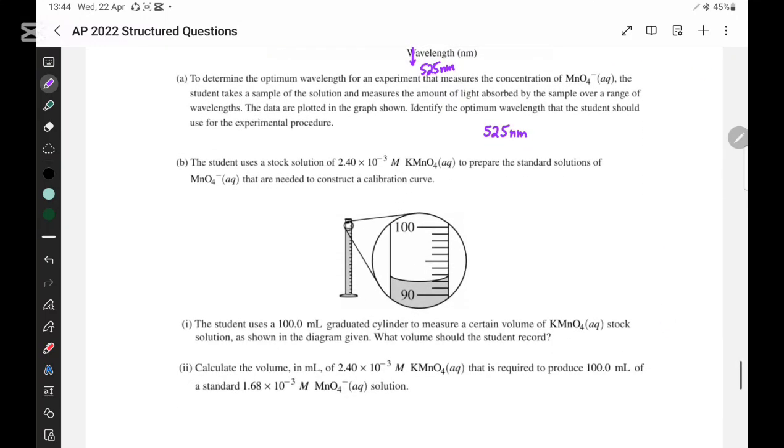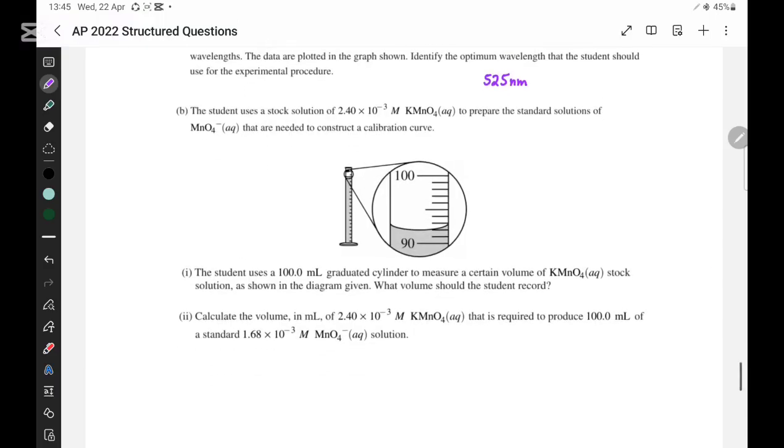The student uses a stock solution of 2.40 times 10 to the power minus 3 molar KMnO4 to prepare the standard solutions of MnO4- that are needed to construct a calibration curve. The student used a 100 milliliter graduated cylinder to measure a certain volume of KMnO4 stock solution. What volume should the student record? If you see this diagram, the volume is read at the lower meniscus.